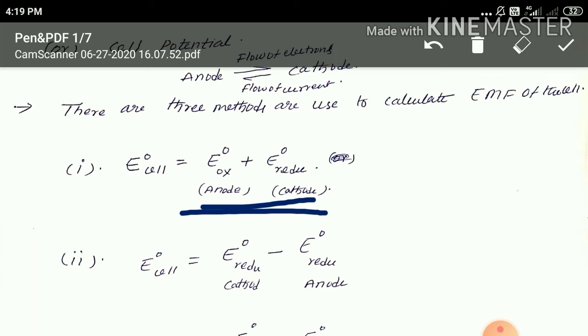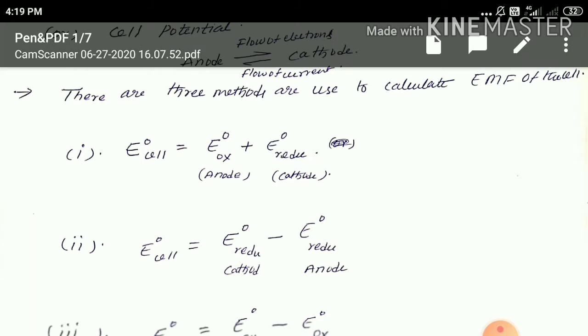That means if you have the oxidation potential of anode and the reduction potential of cathode, at that time the EMF of the cell is equal to the sum of the oxidation potential of anode and reduction potential of cathode.